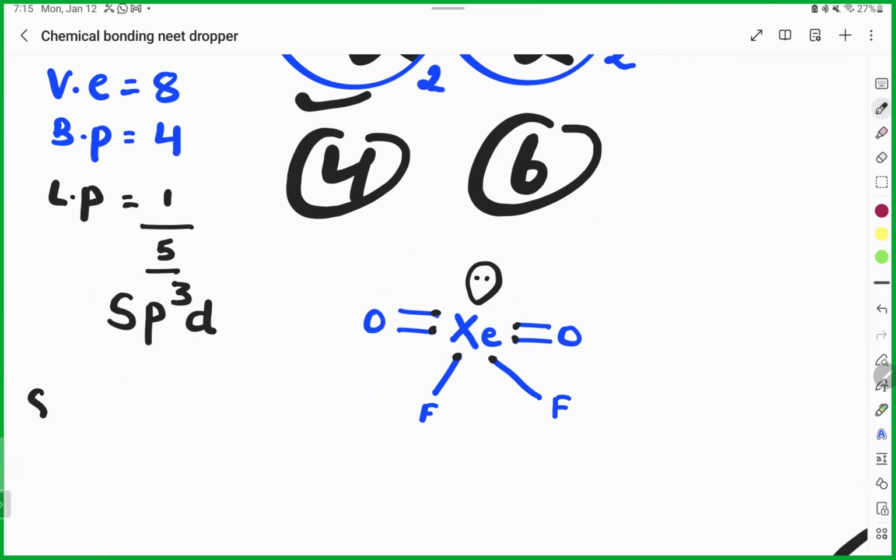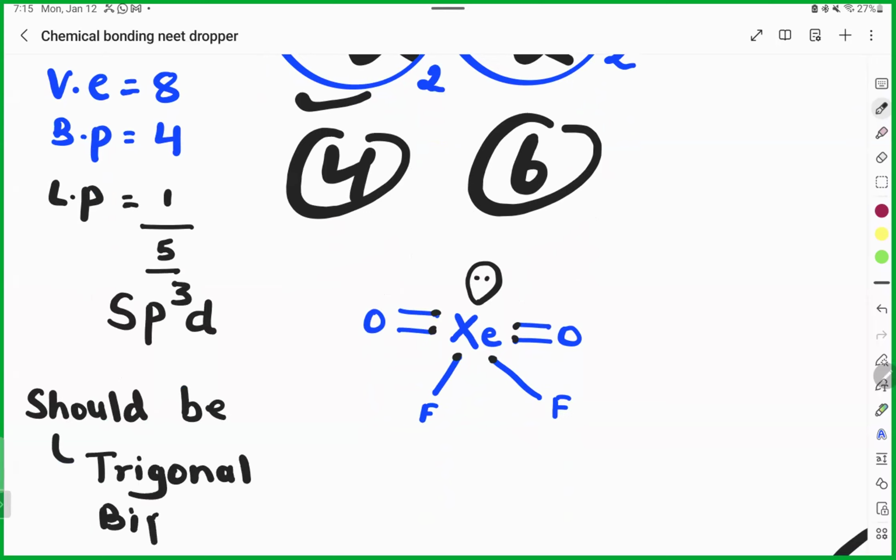It should be, but it is not. Why? It should be when all bond pairs are present.